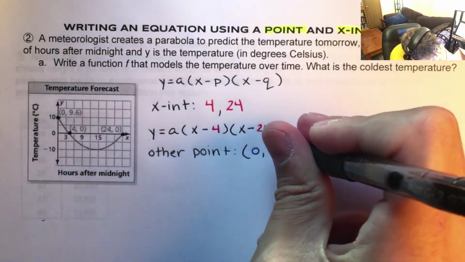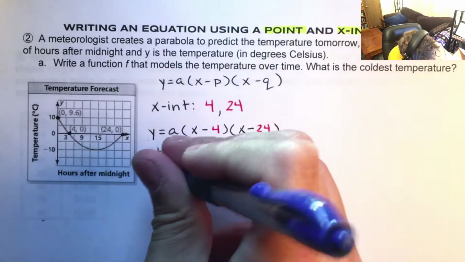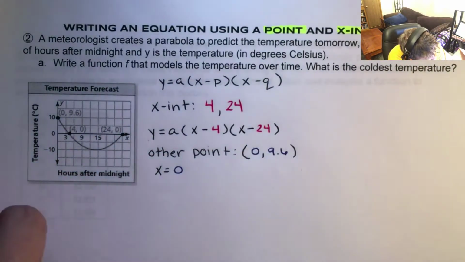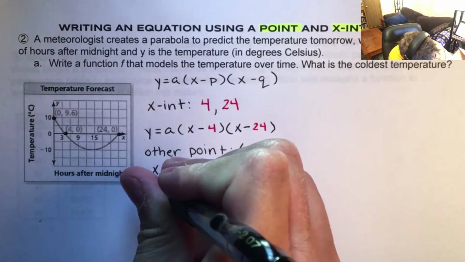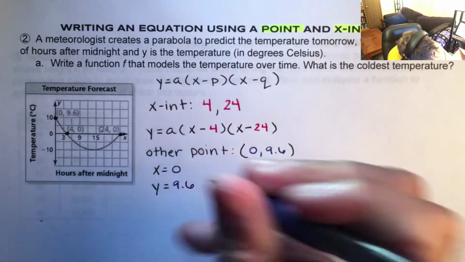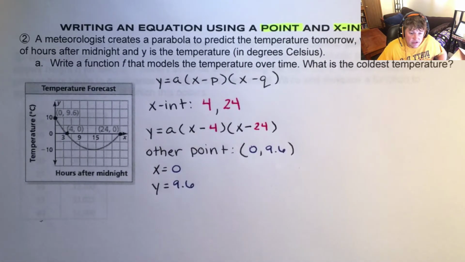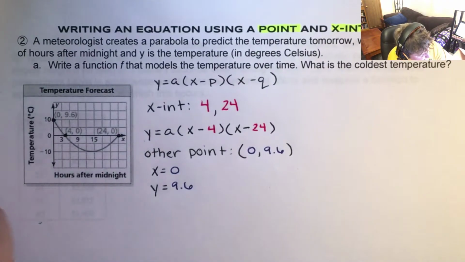Okay, so what does this mean? This means that I have an x value equal to 0 that is on my curve when my y value is equal to 9.6. So this is actually quite handy because, for the same reasons, we can just go ahead and plug them in. Furthermore, x is 0, so that's going to really reduce the amount of work I have to do. So let's go ahead and plug this in.